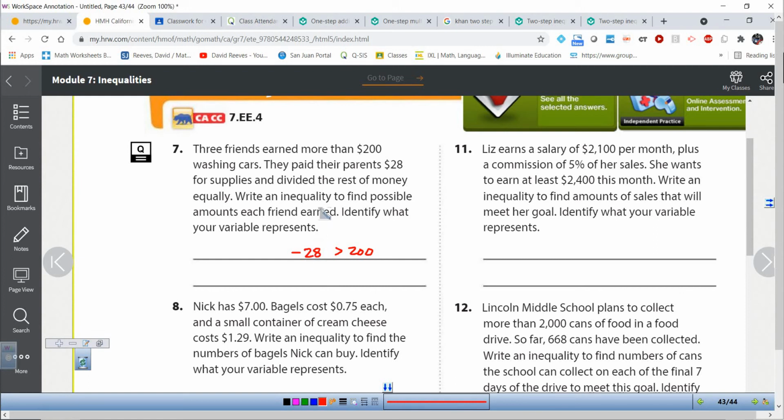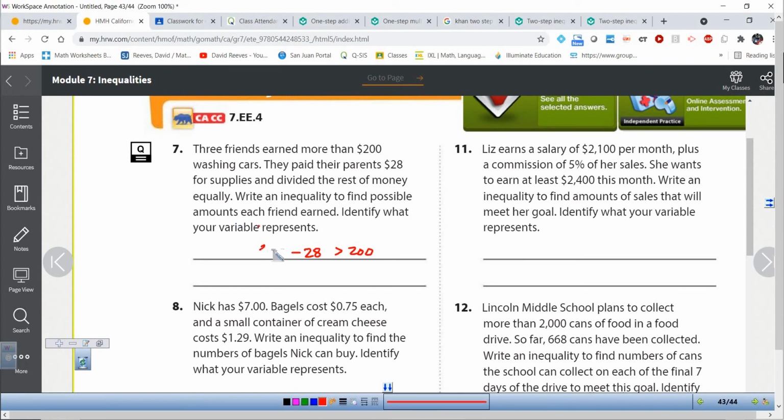All right, now the question is, when it says 3 friends earn more than $200, does that mean $200 each or $200 total, right? So if I take the amount of money that they earned, right, and I divide it by 3, well, that would take the amount and break it up into each person, okay?